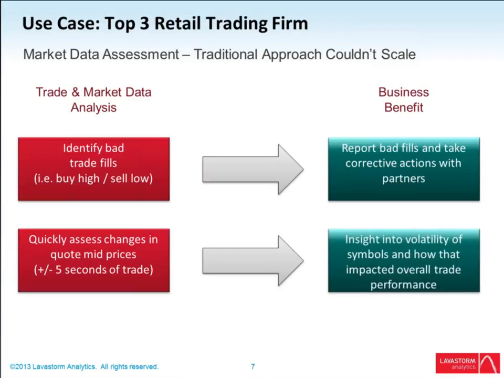So here, that gives them insight into that volatility and how it impacted overall trade performance. Trade by trade, this may be fractions of a cent, but in aggregate, it can present a rather expensive problem.